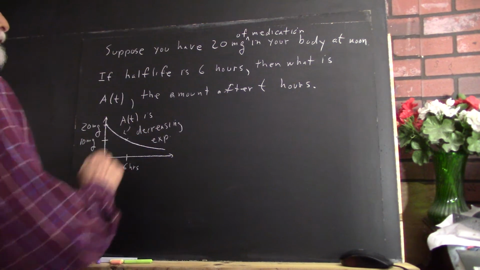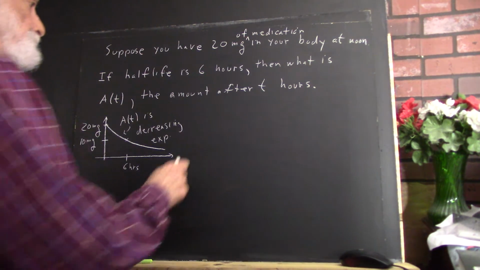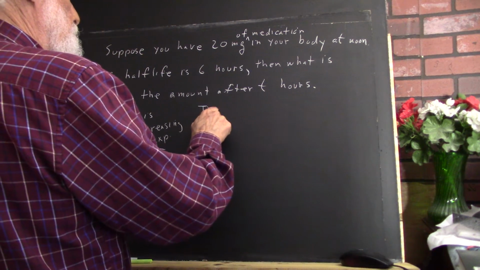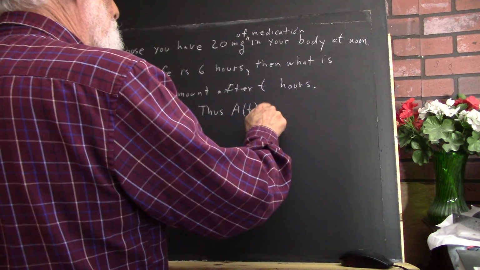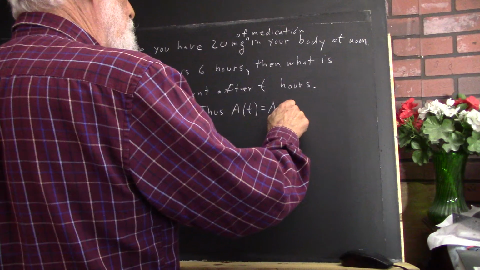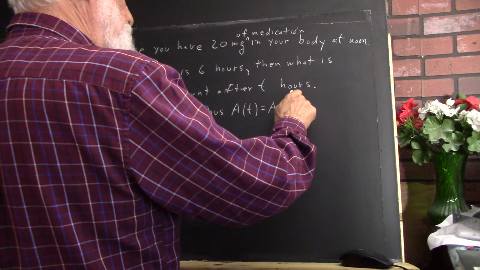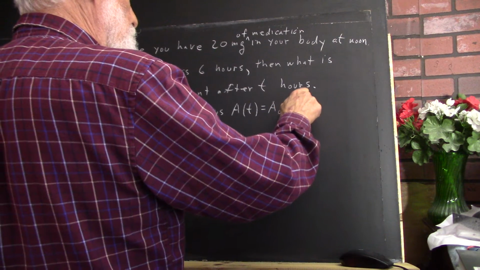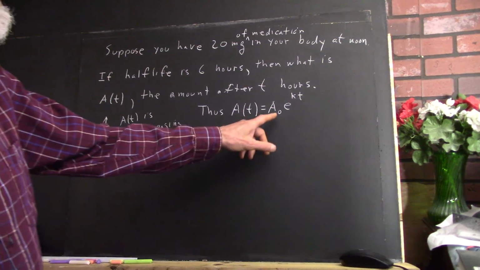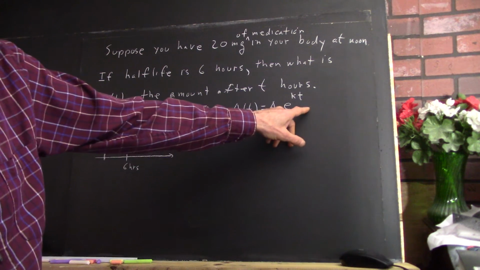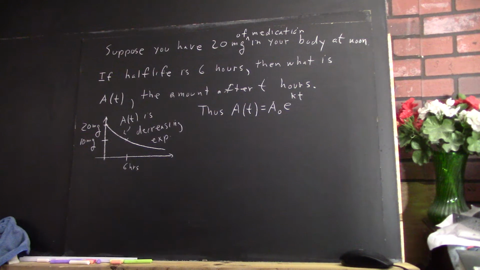So A of T is a decreasing exponential, meaning I can say that A is A0 times e to the kt, that e to the kt that we looked at just a little bit earlier.